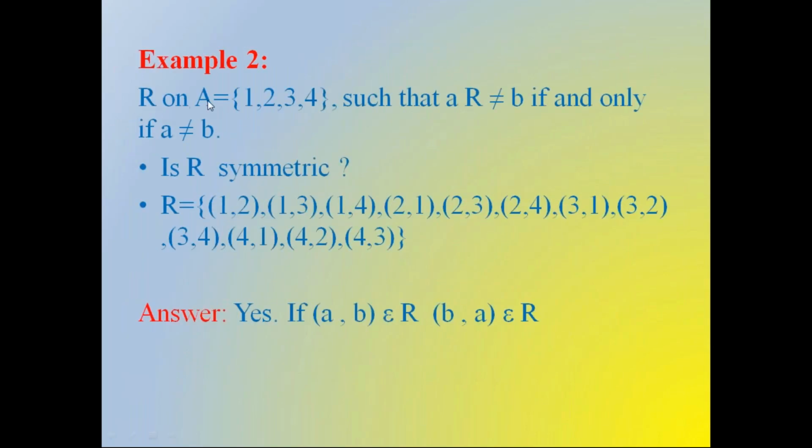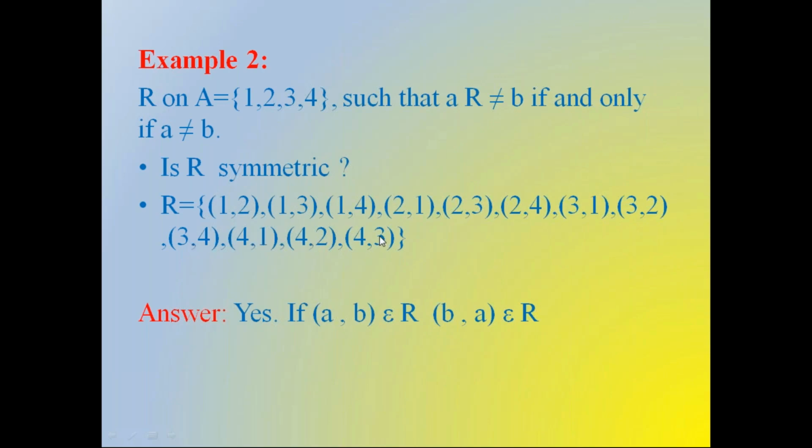Example 2: R on capital A equal to {1, 2, 3, 4}, such that a is related to b if and only if a is not equal to b. This R is symmetric. If you look at the ordered pairs of the relation set: (1,2), (1,3), (1,4), (2,1), (2,3), (2,4), (3,1), (3,2), (3,4), (4,1), (4,2), (4,3).